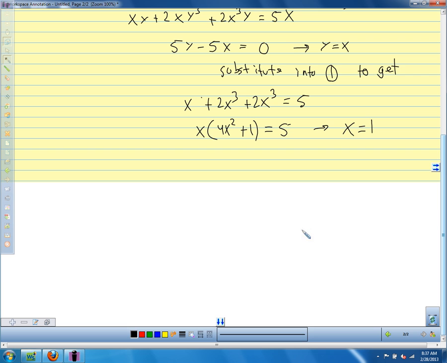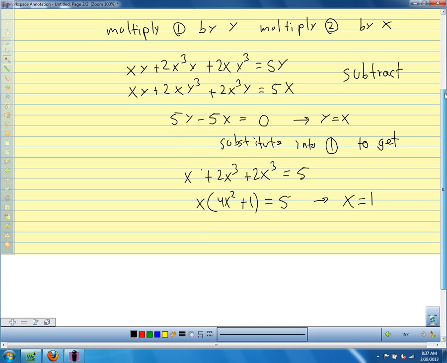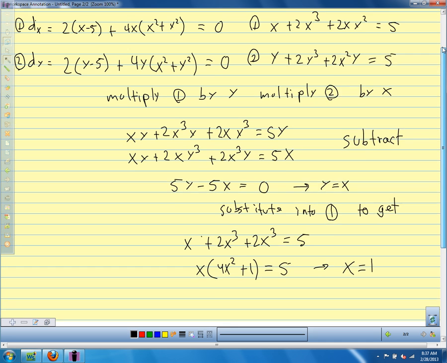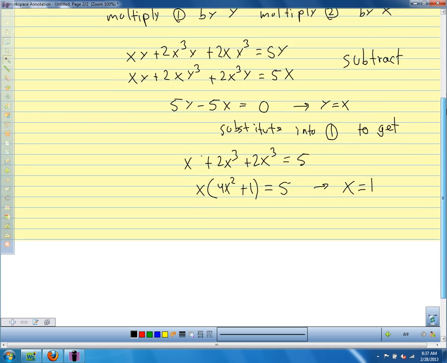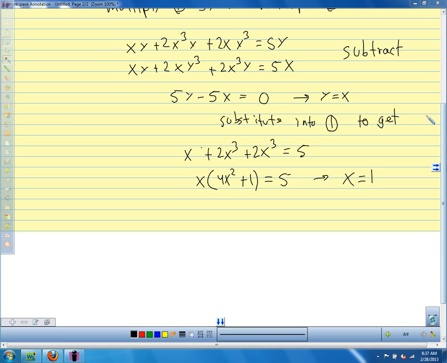And now we're going to substitute x equals 1 into equation 1. We had y equals x, so y equals 1.